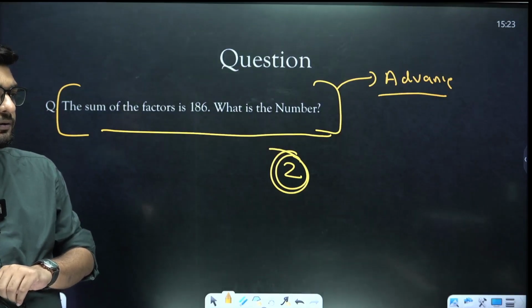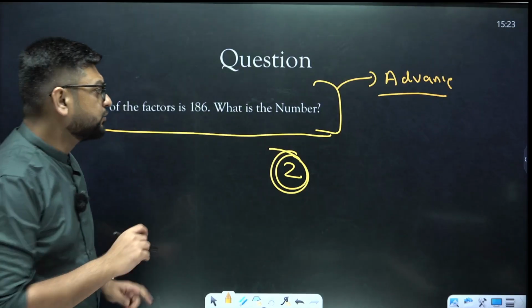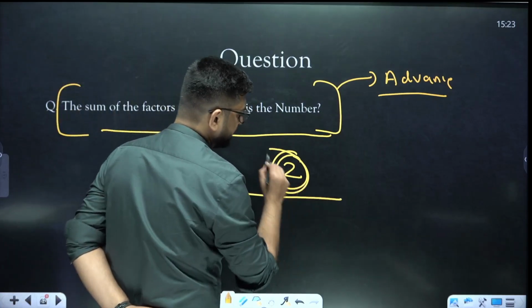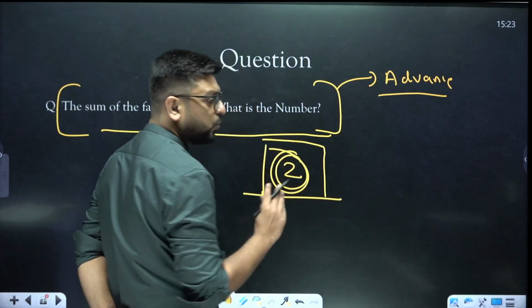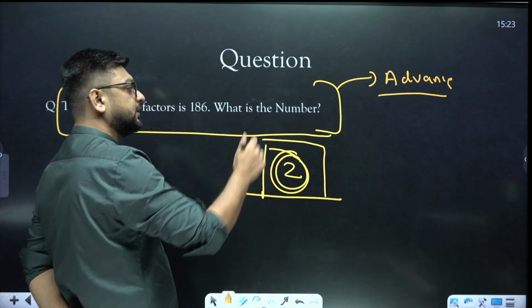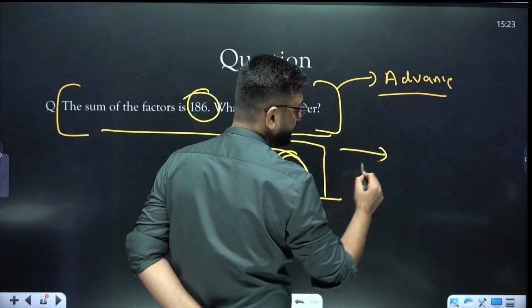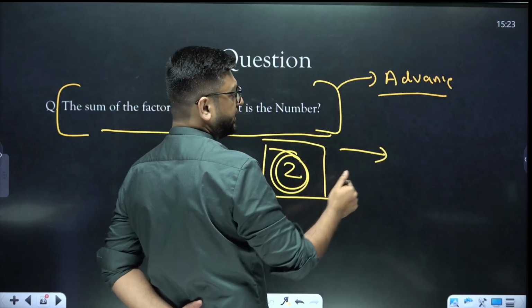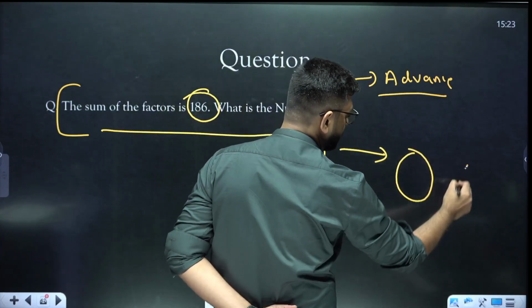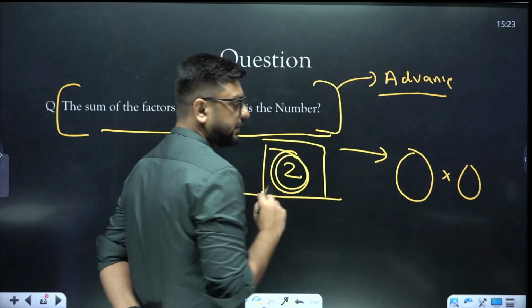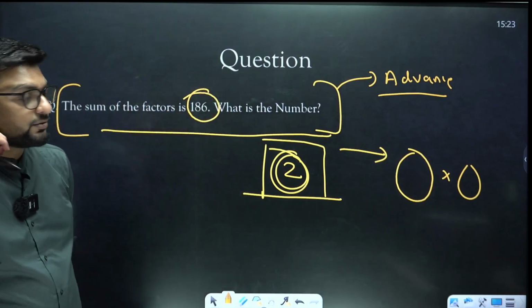Right? Okay. So now the point is that if it cannot become 2, what should be the sum so that it becomes 186, and the product should be in such a way that there should be two different numbers, right? Two different numbers.